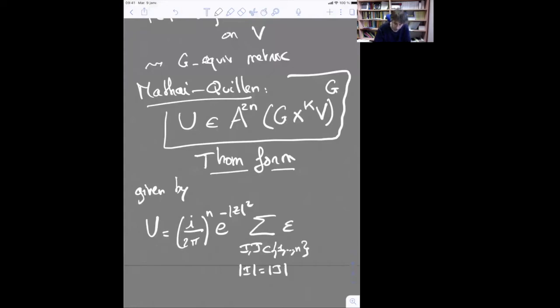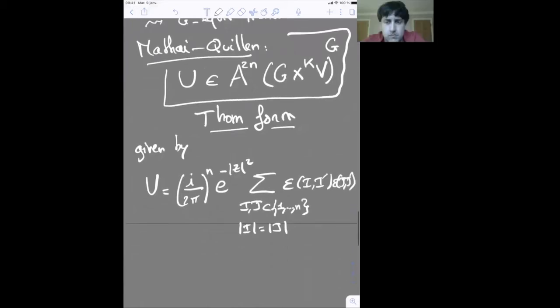Here you have some signs I will describe later. I prime is the complement of I inside 1 to n. J prime likewise, and this is another sign. And then you have some determinant of a partial matrix.